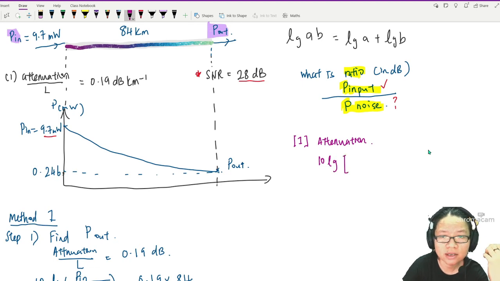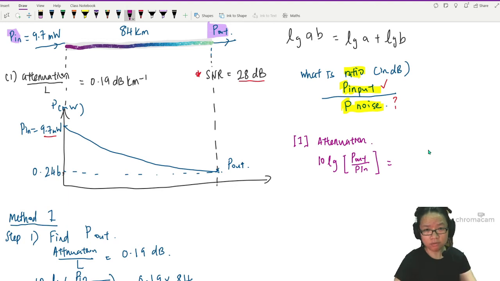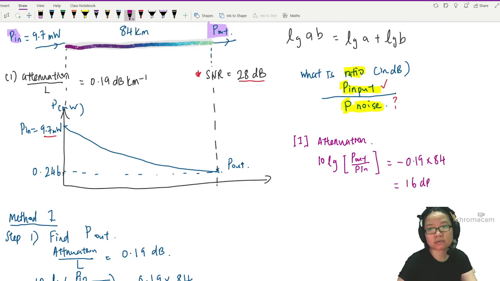Okay, let's say I log out over in. You want in over out also can, but I just want variety. So if out over in, out is smaller, right? So you should write negative 0.19 times 84. Okay, and when I multiply this, I will get 16 decibel.